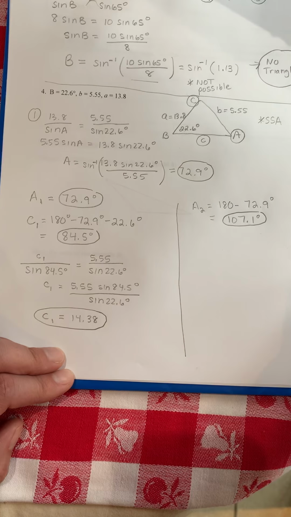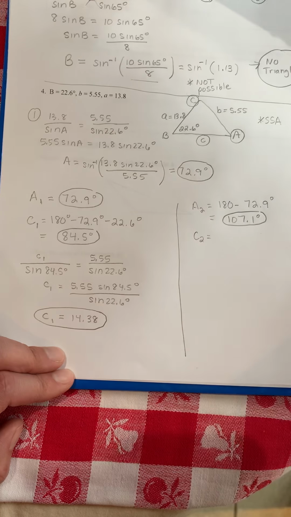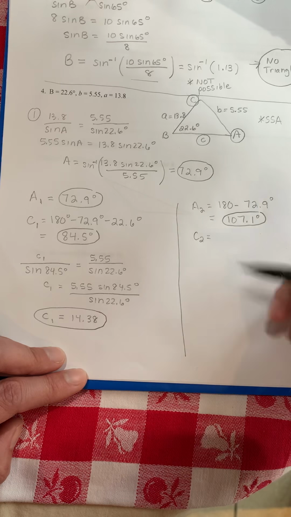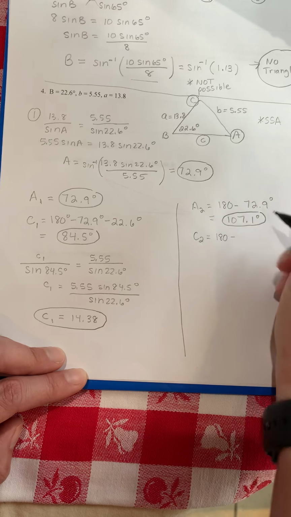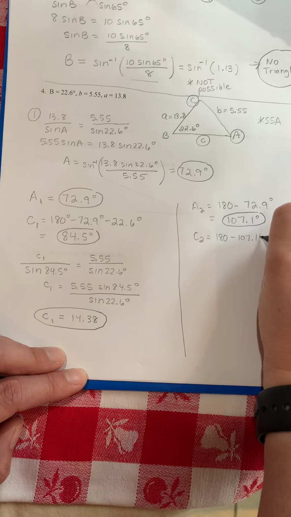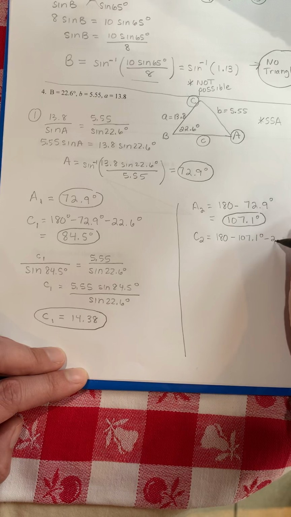Okay, now here is where we see that it's valid. We know that there's 180 degrees in a triangle, so we need to see if there's enough room for this third angle, this third C here. So 180 degrees in the triangle, minus the 107.1 that we just found, and then minus the 22.6 degrees that were given.